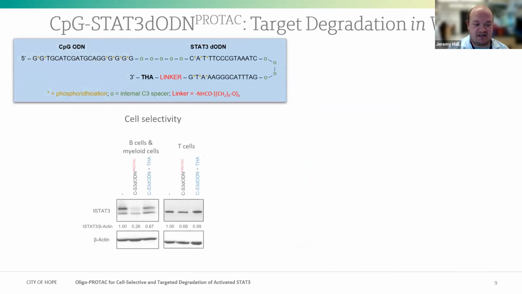So testing in primary mouse cells actually showed that STAT3 was reduced in B cells and myeloid cells, but not in T cells. So it was obvious that the CpG motif promotes uptake in those specific cells that express TLR9 and certain scavenger receptors. Just note that the STAT3 levels here in B cells and myeloid cells are indicated by the top band. Obviously, that'd be significantly different from that for the T cells.